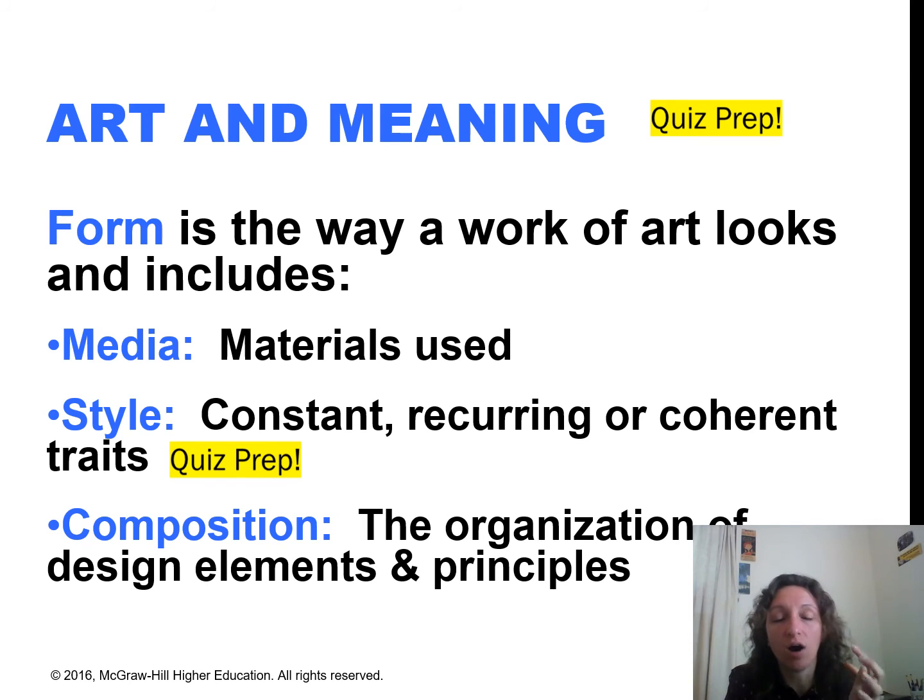Then style and composition. Composition is the organization of the principles and elements of design. Chapters 4 and 5 will be completely devoted to the principles and elements. So again, these vocabulary words are building on each other. But right now we're going to talk about how some of these things come together and influence how art can influence other art.